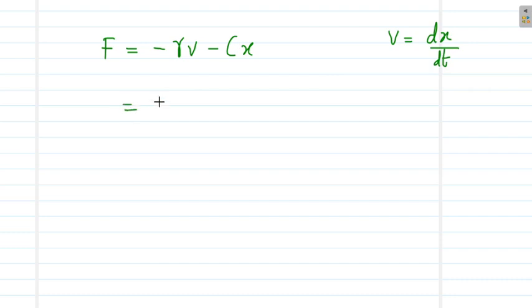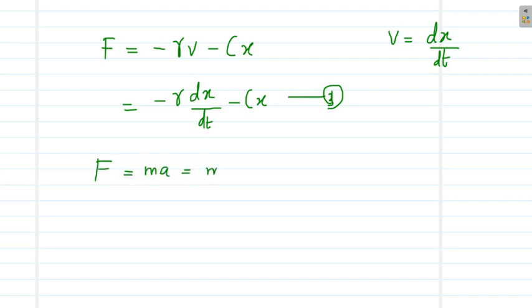So this is equal to minus gamma into dx by dt minus Cx. So we have got the equation for the total force acting on a damped harmonic oscillator. Now we also know from Newton's second law of motion, F is equal to ma, which is equal to m into dv by dt, which is the same as m into d square x by dt square.